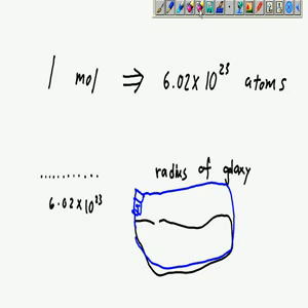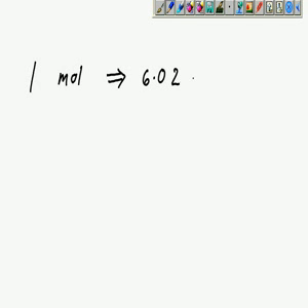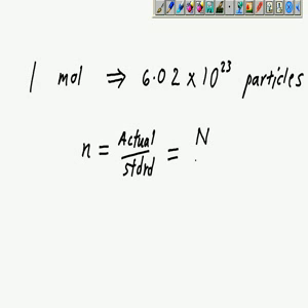So now back to what we have discussed so far. One of the standards they put forward is that 1 mole of substance will definitely have 6.02 times 10 power 23 particles. To help us use the actual over standard example again, we can put the actual number of particles over the standard number of particles.